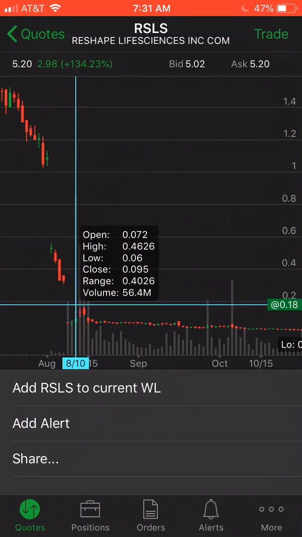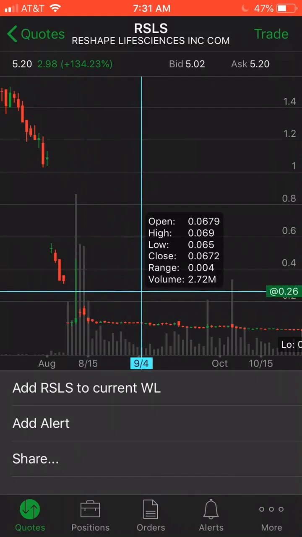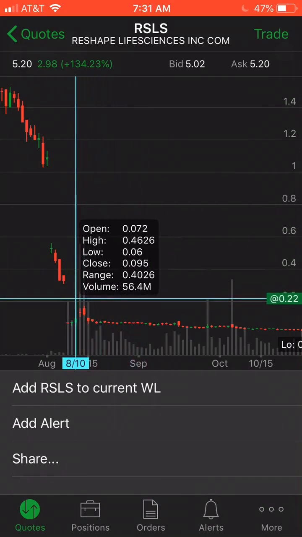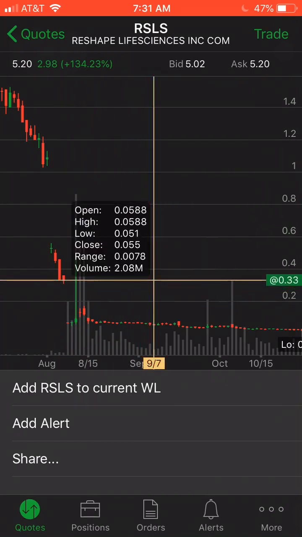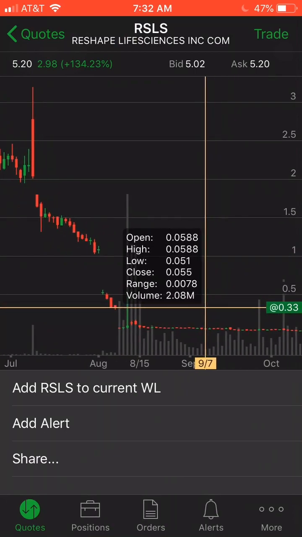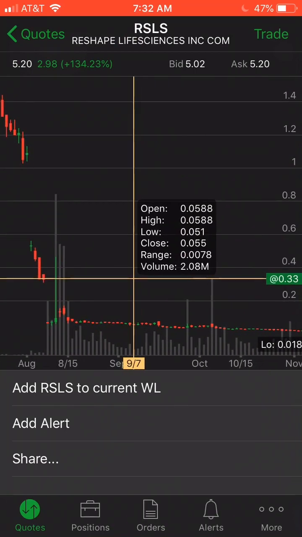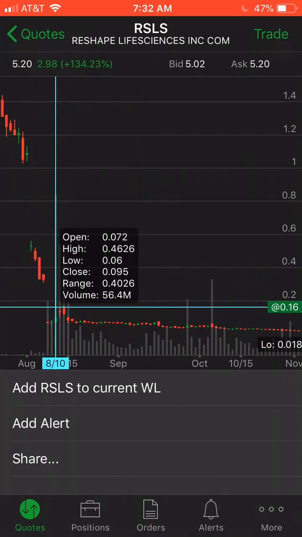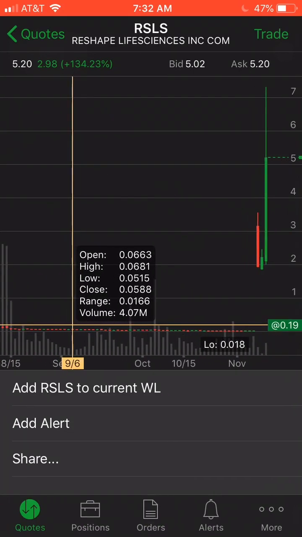As we see here, the high was 46, and then it closed toward 9 cents. And then the open was around 7 cents. So just looking at this chart, when it does a big move over 100%, it doesn't look like it'll hold its gains.